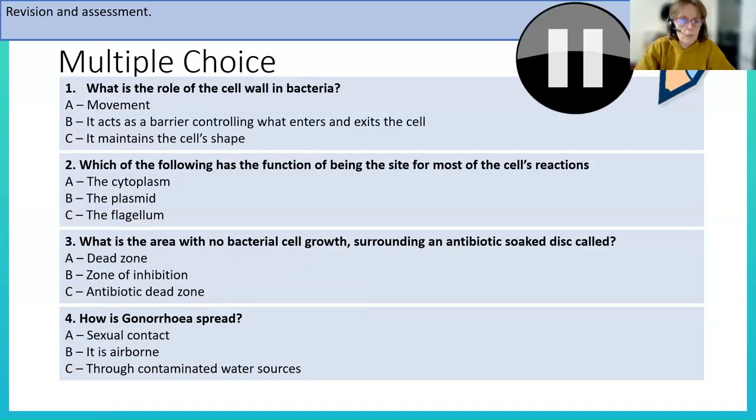A few more questions then. What's the role of the cell wall in bacteria? I think we asked that earlier, but let's see if we've remembered it now. Two we did earlier as well. And number three we didn't do. That's the main one. So see if you can have a look at number three. What is the area with no bacterial cell growth surrounding an antibiotic-soaked disc called?